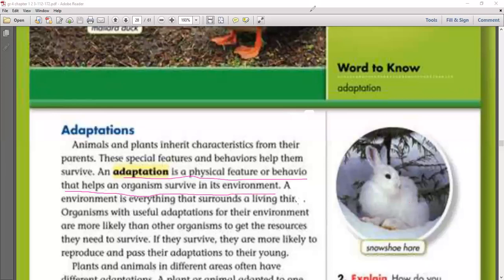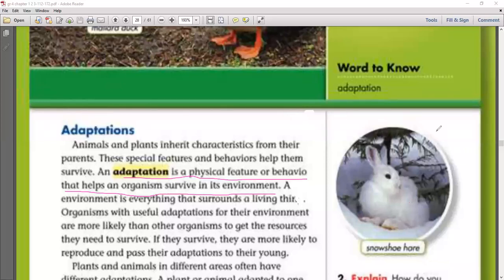Now, if I asked you what the structures or the features are that can help the animal or plant to survive in its environment, I expect your answer is... Ahmed Hussein, open your mic.